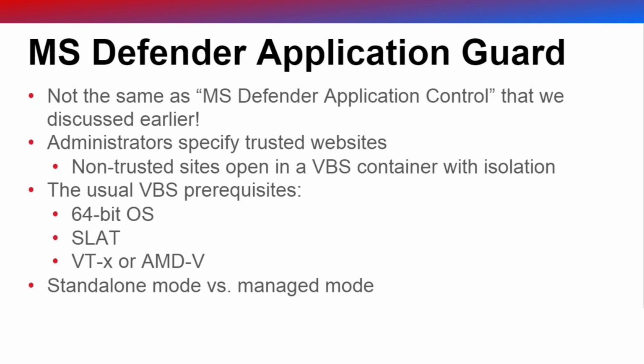We don't know that it's a safe website, so we're going to fire up the browser in what is basically a variation on the theme of a Hyper-V virtual machine, the VBS container, and the usual VBS prerequisites are going to apply here. So a 64-bit version of Windows, second level address translation, and the hardware-assisted virtualization capabilities.